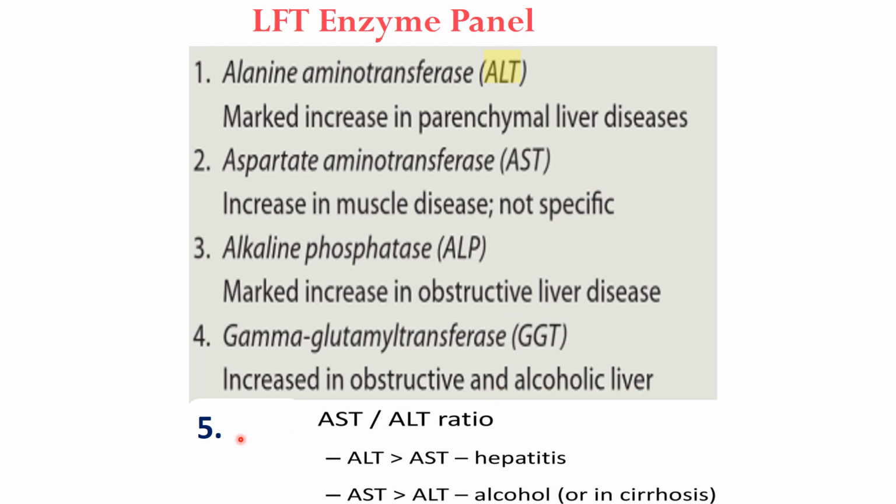As for the AST to ALT ratio, in hepatitis ALT is higher than AST, whereas in cirrhosis AST is higher than ALT. So these are the different LFT enzymes used to assess liver function.